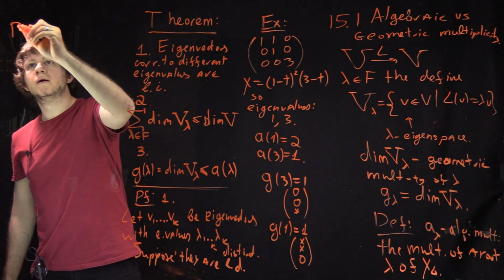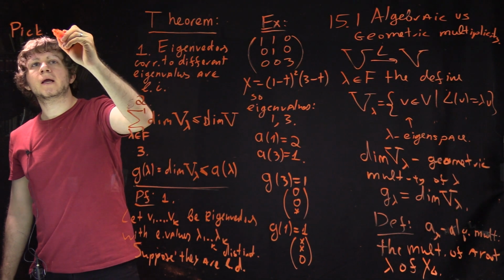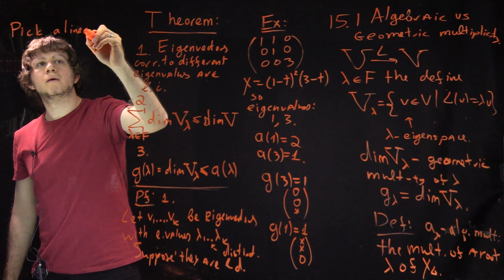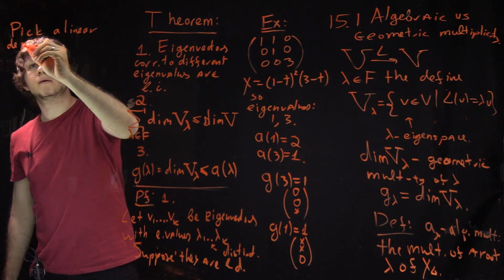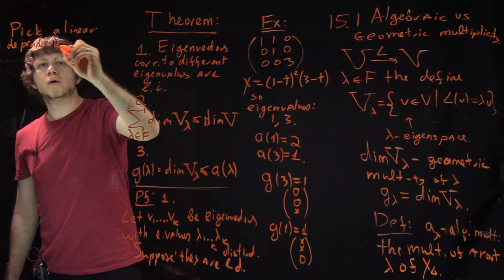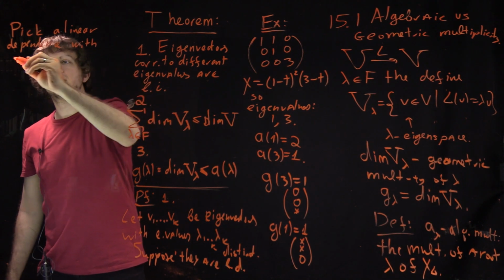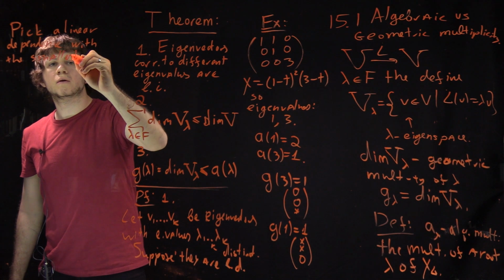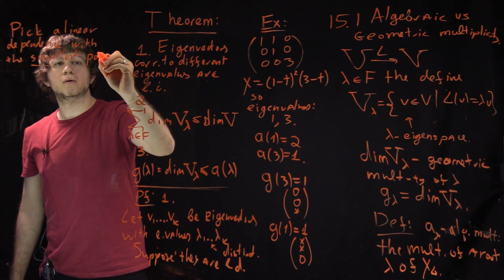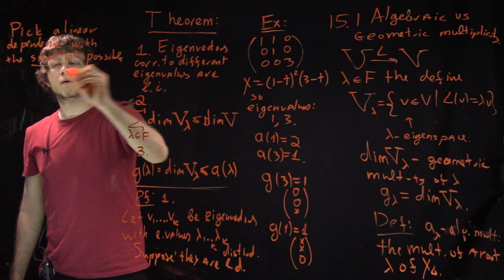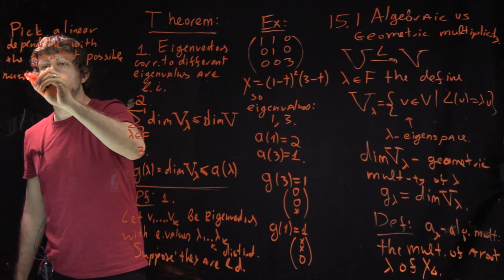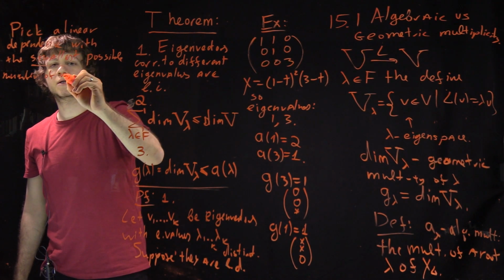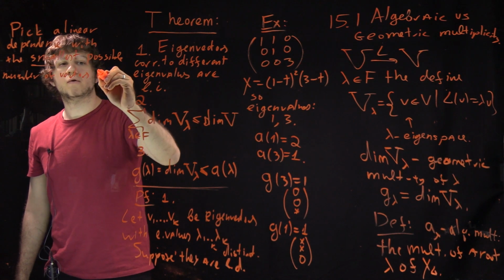So pick a linear dependence with the smallest possible number of vectors involved.